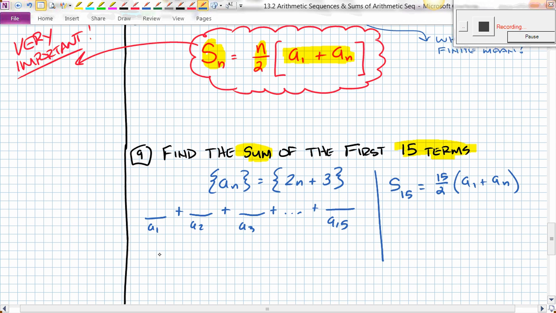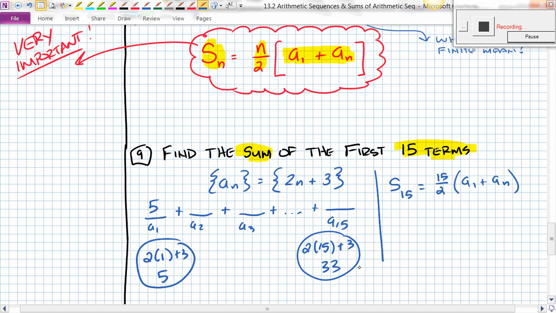Well, let's get those. A sub 1 is going to be 2 times 1 plus 3, so that looks like a 5 to me. And then the last term, a sub 15, is going to be 2 times 15 plus 3, which looks like 33. So I know the first term is 5, I know the last term is 33, and I'm adding together the first 15 terms.